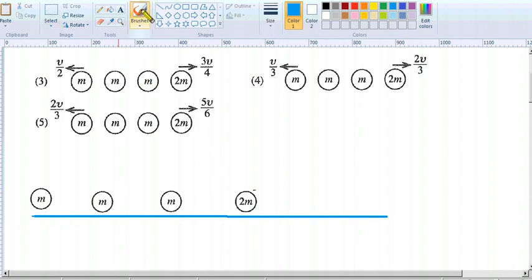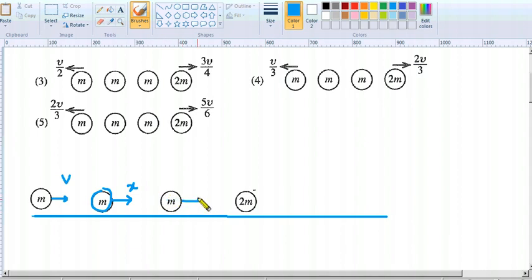So what happens? This first ball moves with a velocity v and collides with this second ball, and then the second ball ejects with a velocity, say x, we don't know, and then it collides with this third ball.